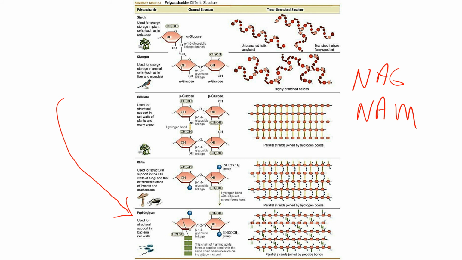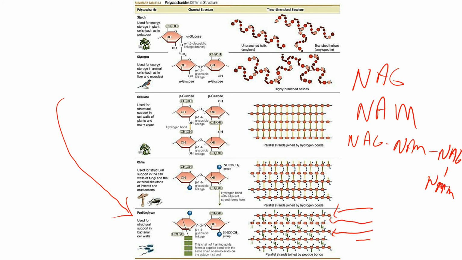So you basically have NAG, NAM, NAG, NAM, and it forms this long chain. These chains of sugar molecules make up the cell wall of your bacteria.